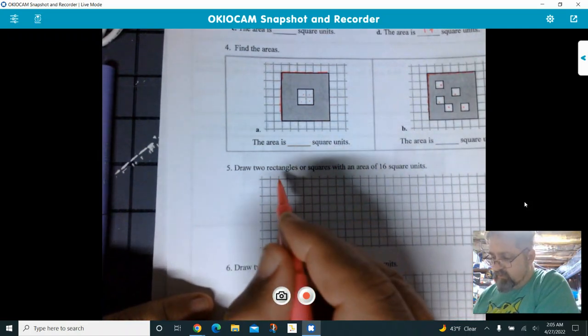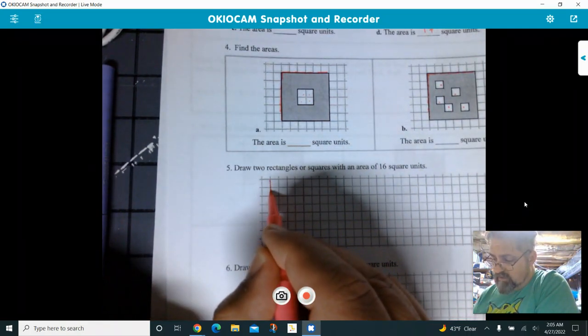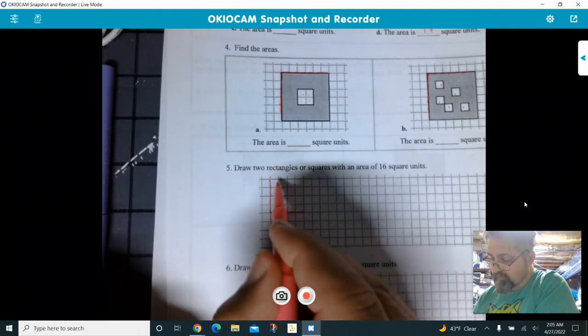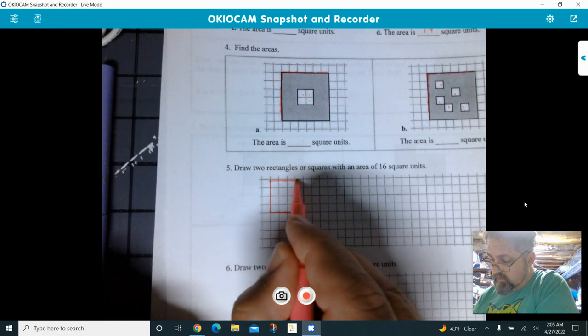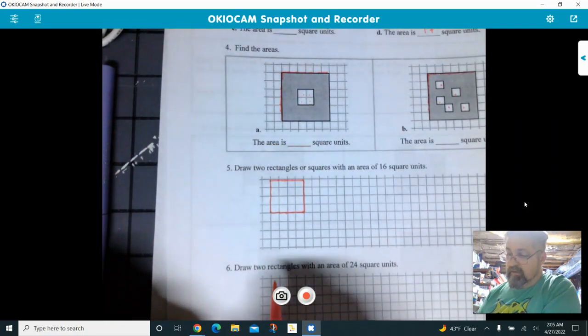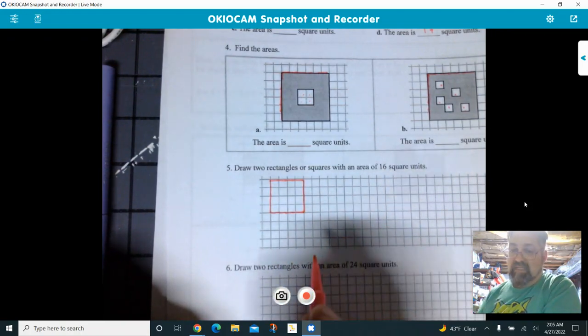So you could write one that's 1, 2, 3, 4 by 1, 2, 3, 4. Guess what? It has an area of 16 square units.